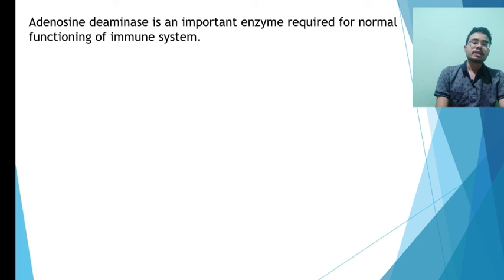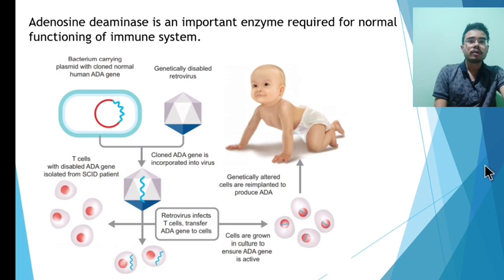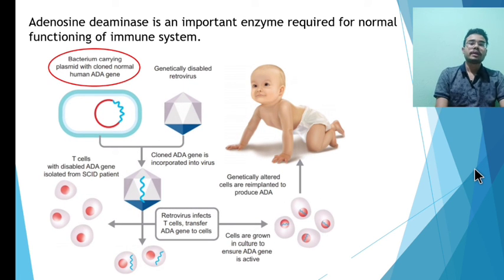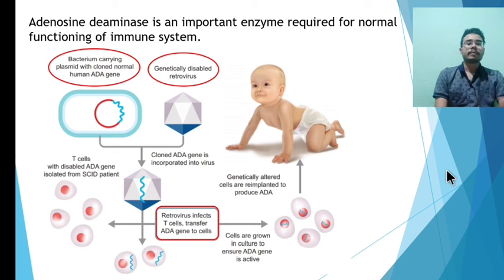So what scientists have done, they took help of gene therapy. They took a bacterial plasmid containing the human ADA gene and a retroviral vector. When the bacteria proliferate, they produce plasmids containing the ADA gene.